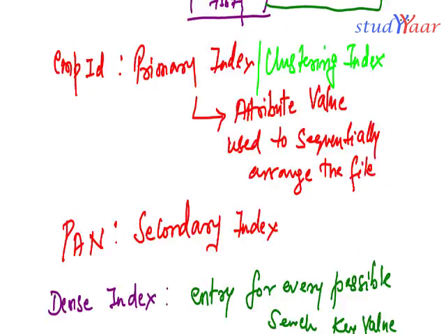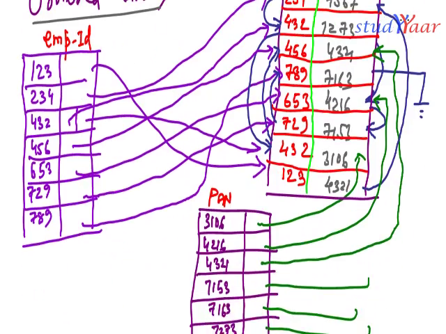Okay. So let's suppose that in this index I don't have these two values. Okay. So this index would become a sparse index.